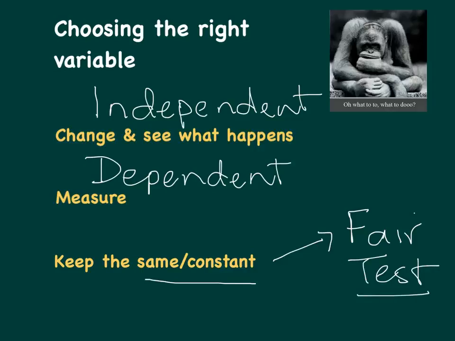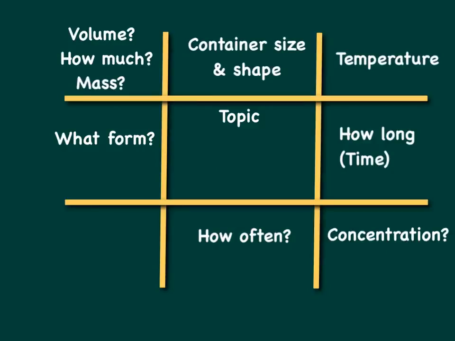In any fair test, we have one variable only that changes. We measure its effect on a second variable, and we keep all others the same. A very good way of doing this is to draw up this variables grid that I have shown here.